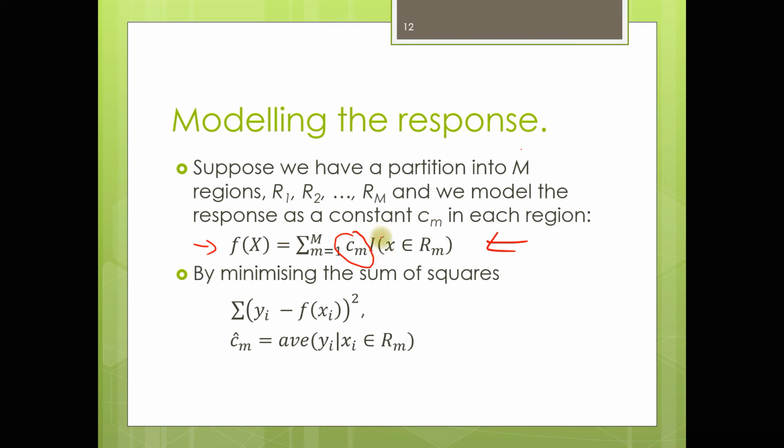This value is going to be obtained normally by minimizing the sum of squares, which is something that you're used to. By minimizing the sum of squared errors, where you have y, which represents your actual value, and f is your predicted value, f of xi, you come up to an average, which is the minimum.